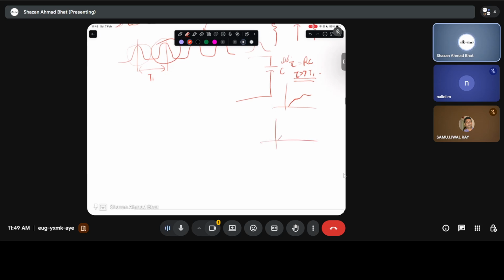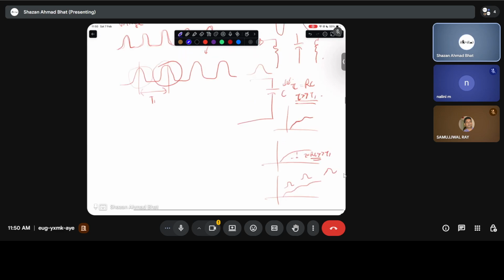That means the charging was supposed to happen like this. Now the charging will happen something like this because of these pulses coming in at certain time instants. Because the charging time tau equals RC is greater than T1, it's going to take longer for this capacitor to charge, but before it fully charges, another pulse is coming, then another pulse is coming.